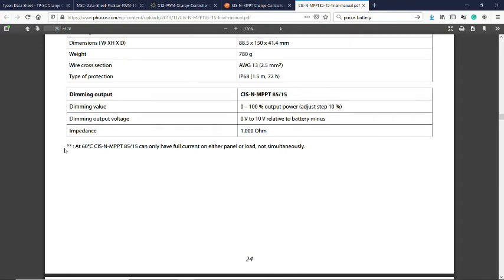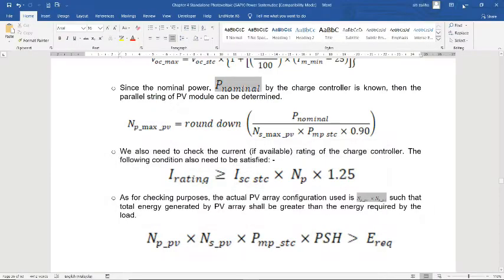So that 50 ampere is at temperature 60 degree Celsius and can only have full current on either panel or load, not simultaneously. So, you get the power rating and current rating and find the suitable charge controller.